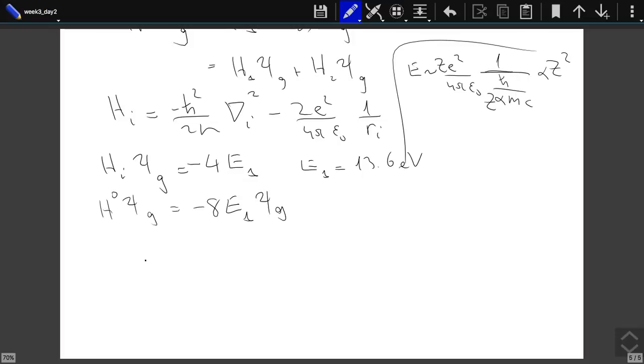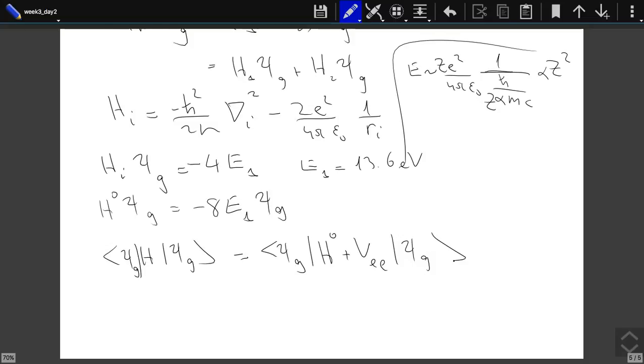Now let's see, what we need is the matrix element of H in psi G. This is equal to psi G, H0 plus VEE, psi G. Part of it we already know. This is equal to minus 8 E1 plus VEE. The trouble will be calculating this VEE.